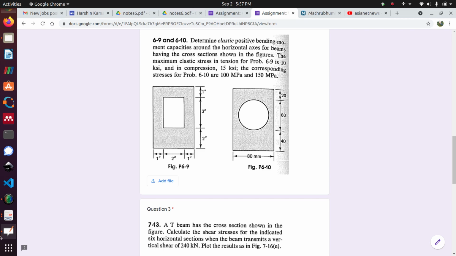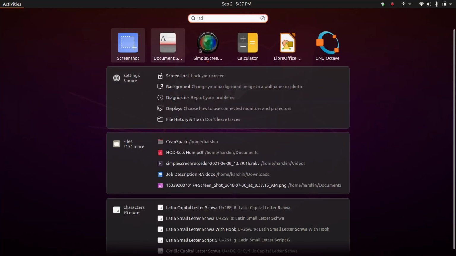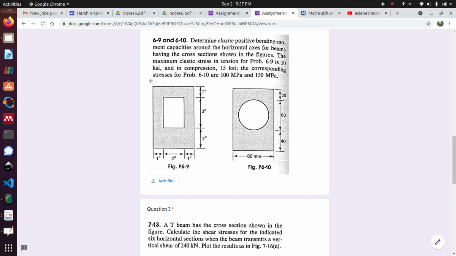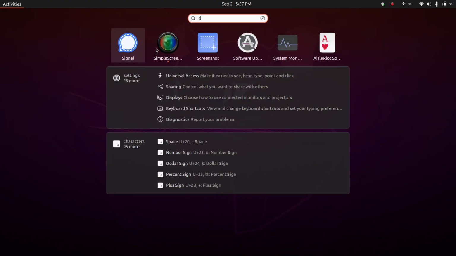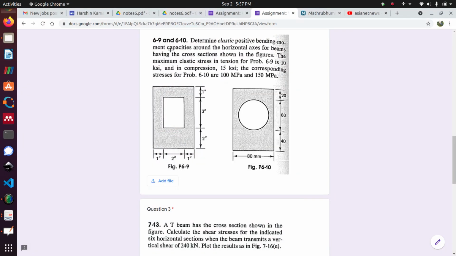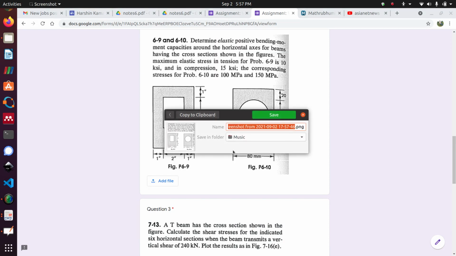So let me put this figure on the board and talk about it.